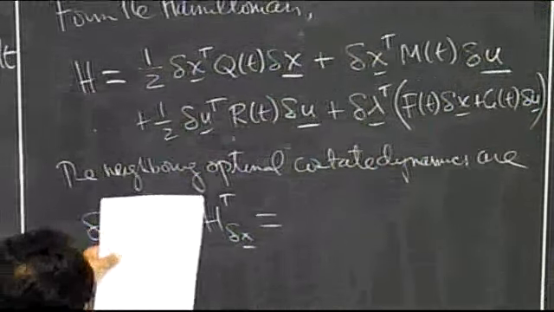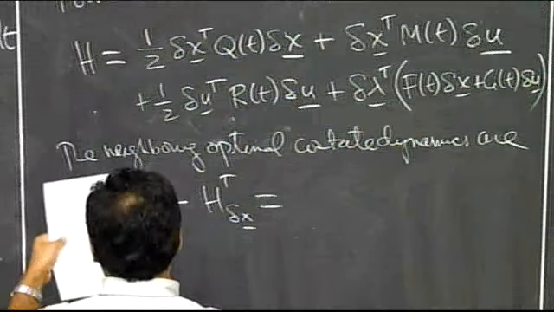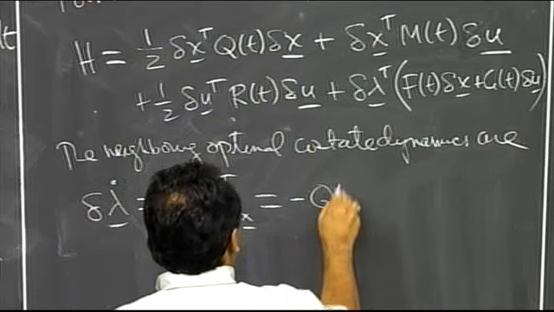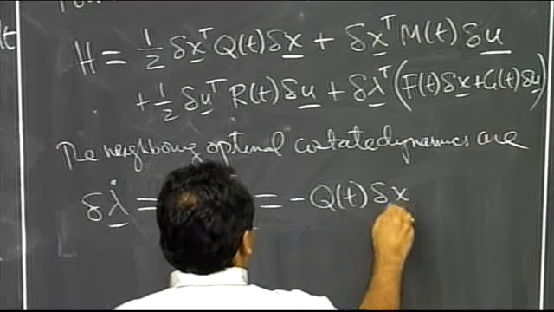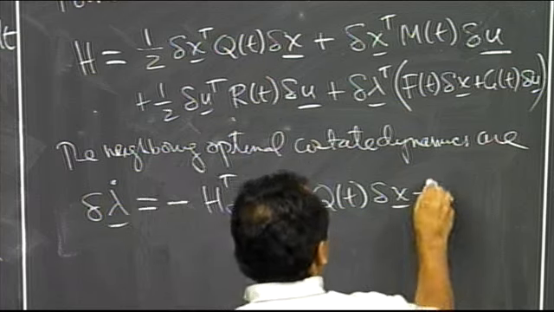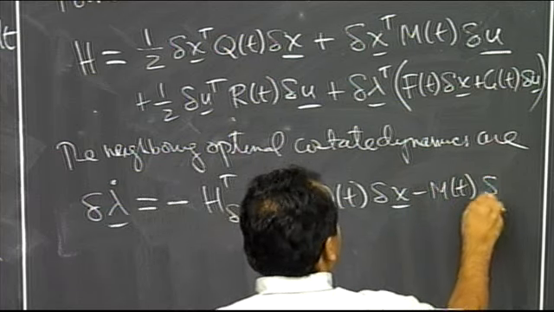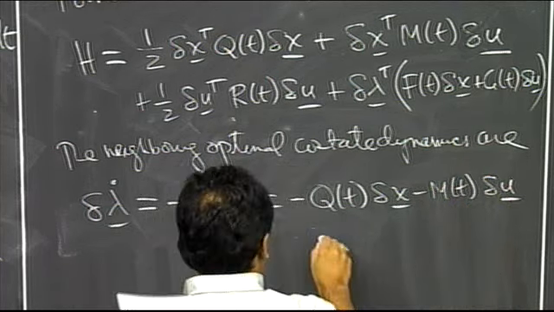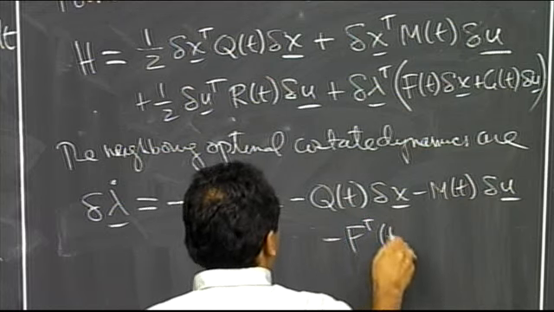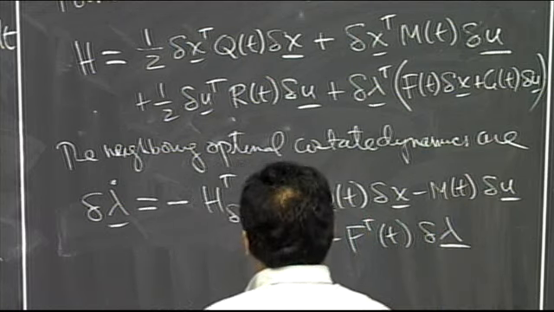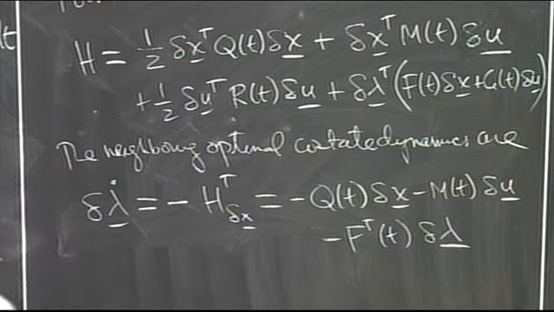If I take the derivative, what do I get? I get minus Q of t times delta x, minus M of t times delta u, and then I get minus F transpose of t times delta lambda. That gives me my perturbed costate dynamics.